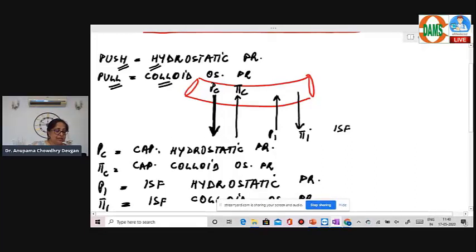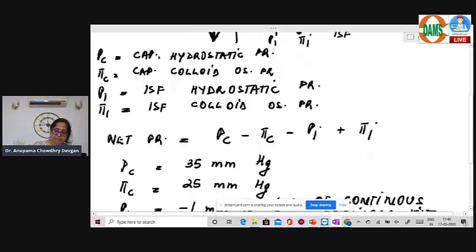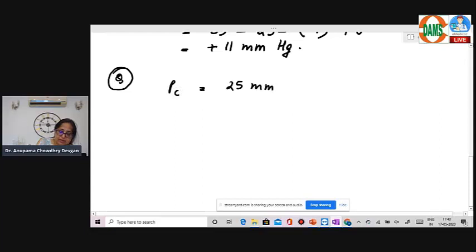Now, there was a question which had come in AIIMS related to this. Let's have a look at that question. This was an AIIMS 2015 question. It said that PC, capillary hydrostatic pressure, is 25 millimeters of mercury.